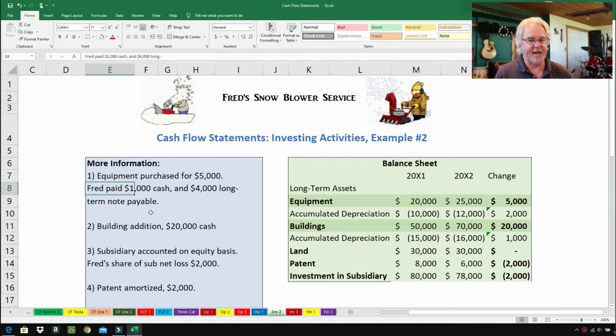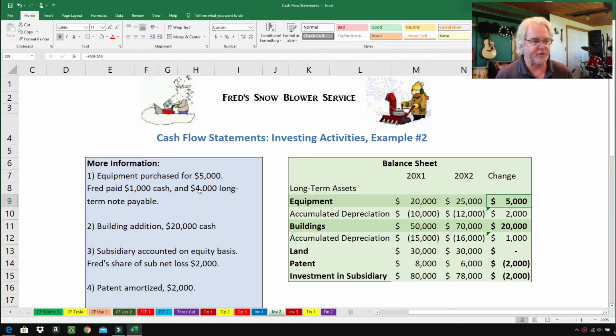Now, since this is a cash flow statement, we're going to focus on that $1,000 cash. So to put it another way, I know here the change was $5,000, but we are focusing on the cash, the $1,000 cash here. Now the $4,000 long-term note payable, that did not involve cash, so we are going to ignore it.